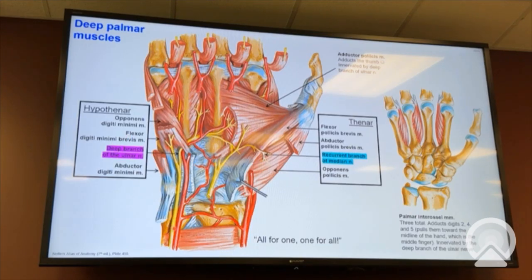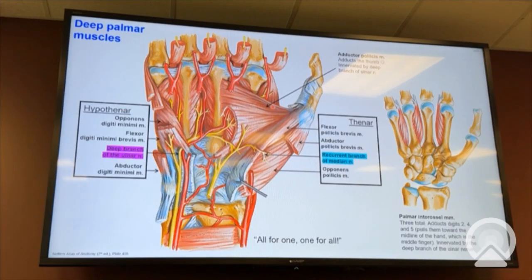So let's trace the ulnar up. Here's ulnar, traveling with its artery. It goes up like this, and you would see the ulnar have a deep branch which goes down and curves. You can see it hooking into the deep hand. Along the way, the deep branch of the ulnar nerve would innervate these hypothenar muscles. It will also innervate a muscle all the way over here on the thumb side. This is a thumb muscle, but it's not a thenar muscle, so there's a bit of a distinction.